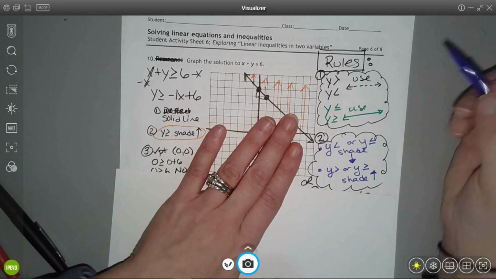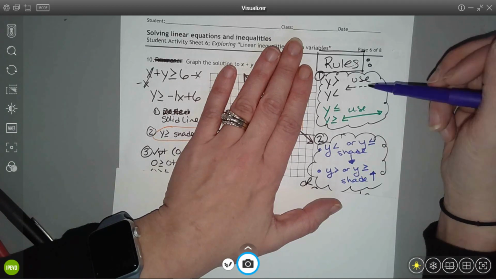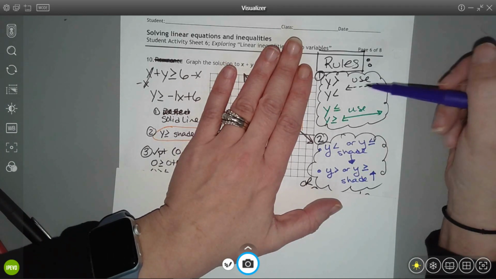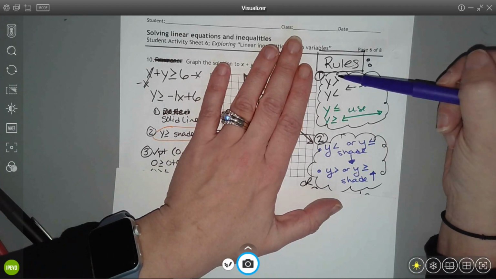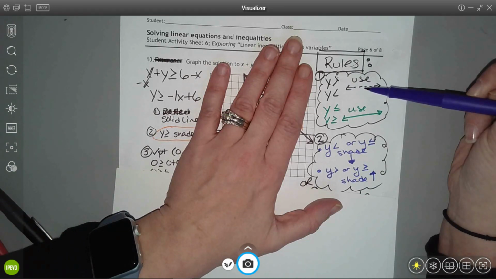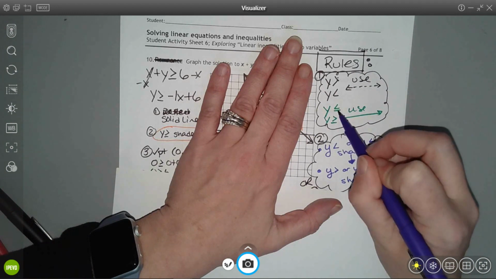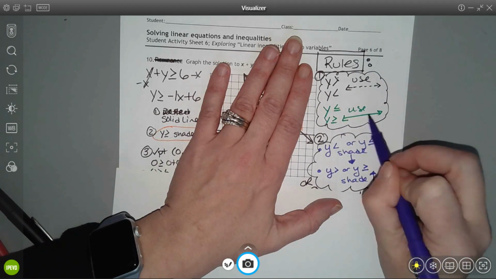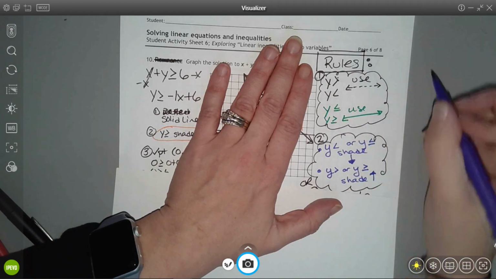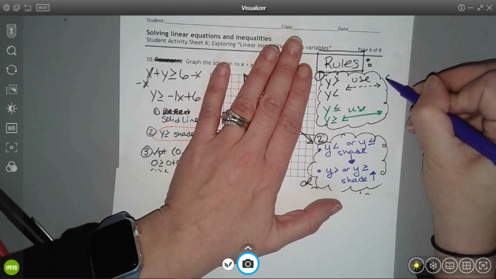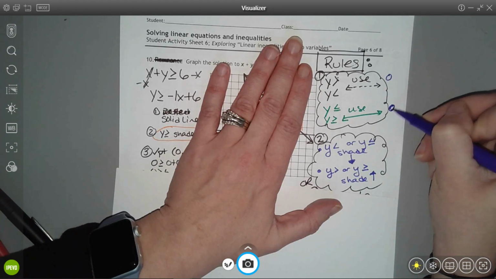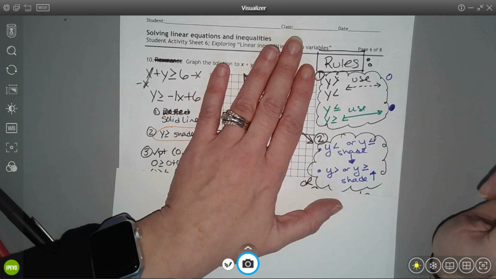Rule number 1, okay? To determine which type of line we're going to use. If it says greater than or less than, we're going to use the dashed dotted line. If it has the or equal to symbol, we're going to use a solid line, okay? This is equivalent to our open circles and closed circles that we did on the number line, okay?